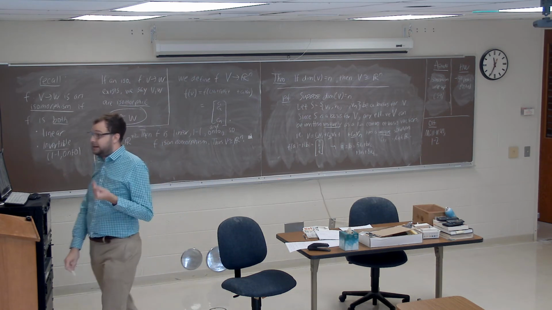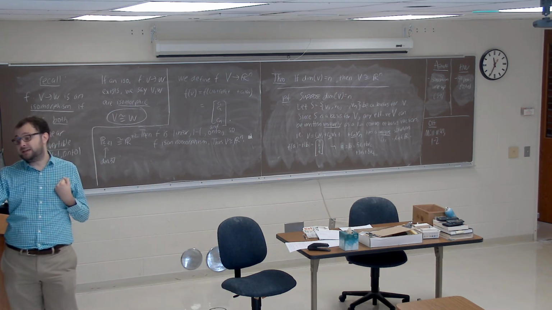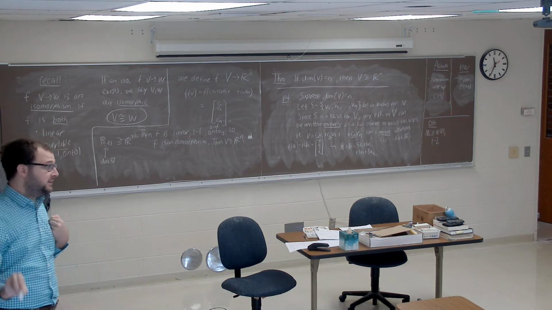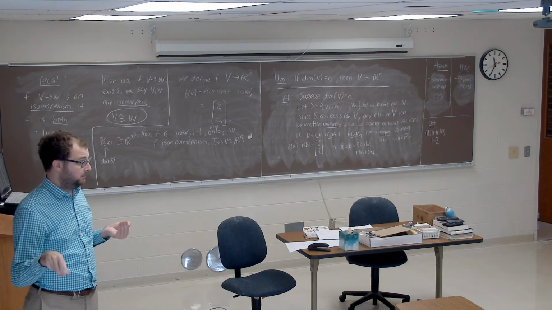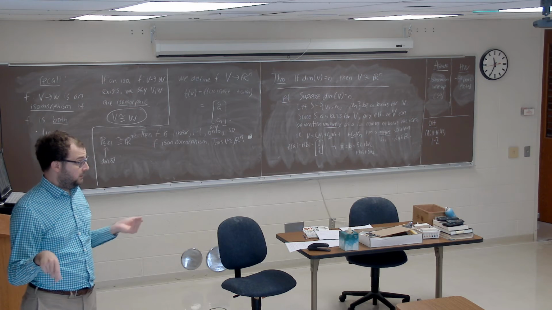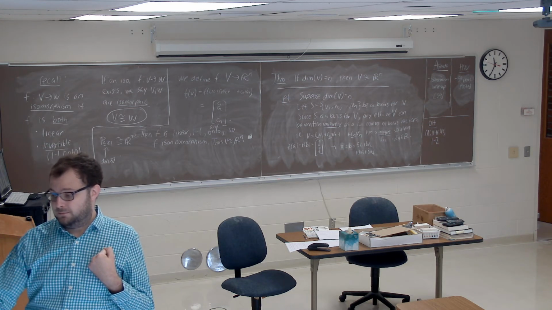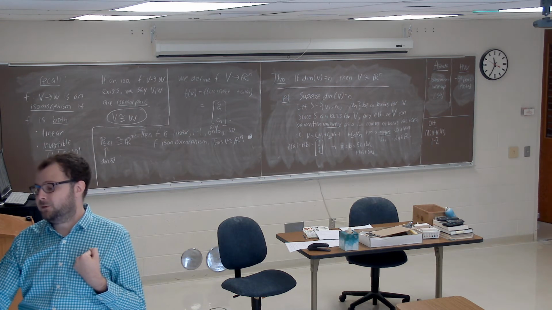Because we showed that if f of v1 equals f of v2, it has to be the case that v1 is equal to v2. What does that tell us? Therefore, f is 1 to 1.